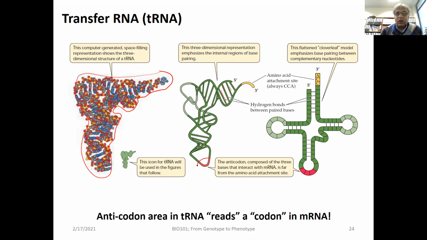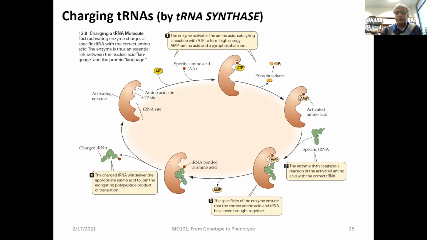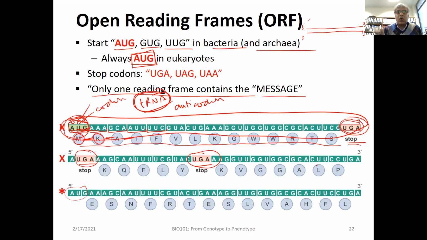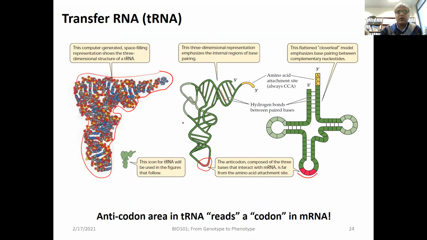This region, the nucleotide sequence here, is the anticodon, the 3 nucleotides, which are going to be specific. There are tRNAs for each codon. There will be an independent, specific tRNA for each sequence.